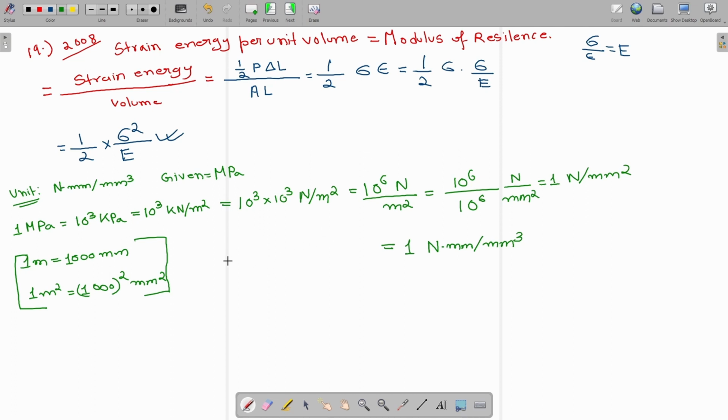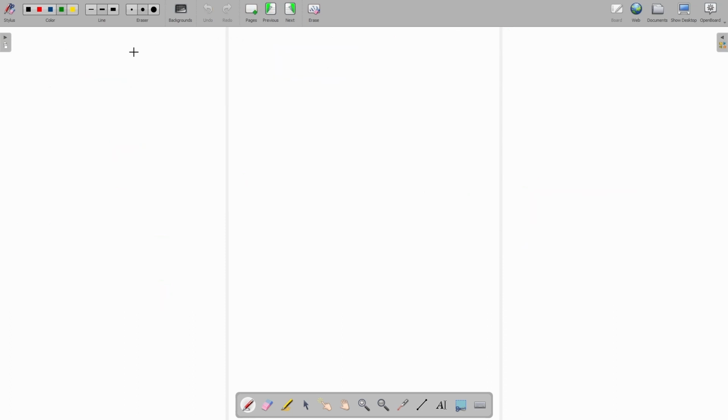Now for the solution, sigma square by 2E is equal to half into 250 whole square divided by 2 into 10 to the power 5 Newton per millimeter square.